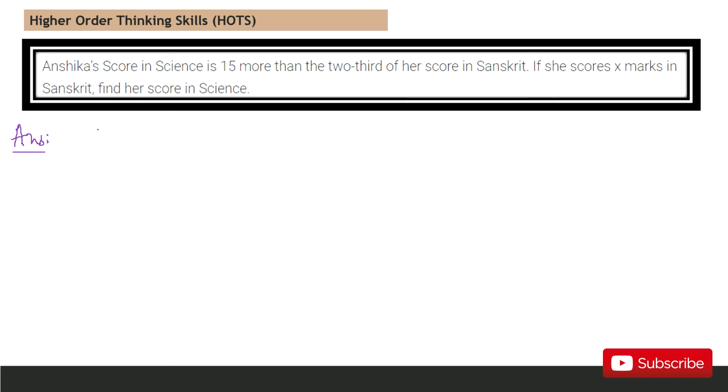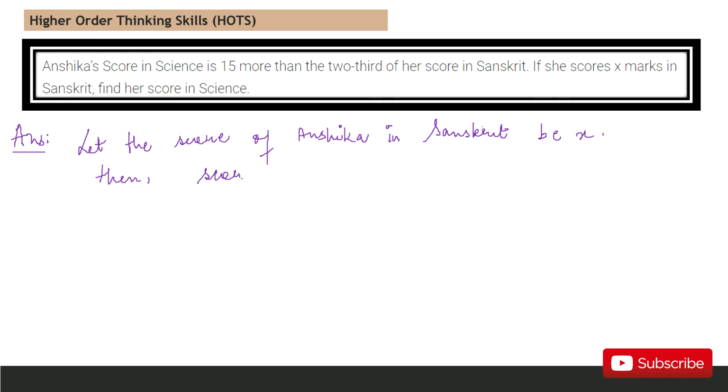Now let us assume that her score in Sanskrit be X. Let the score of Anshika in Sanskrit be X, right? Then the score in science will be 15 more than 2/3 of the score in Sanskrit. Find her score in science.